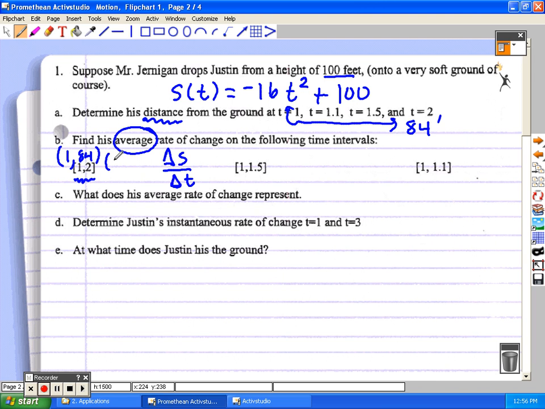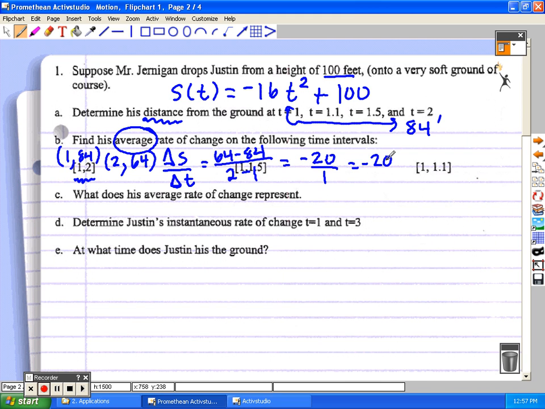And from your work in the first problem, at 2 seconds, he was at a position, hopefully if I copy this right, of 64 feet. So if I want to find his average velocity over that period of time, it's literally going to be change in position, so 64 minus 84 over 2 minus 1, which will give me negative 20 over 1, which is negative 20.